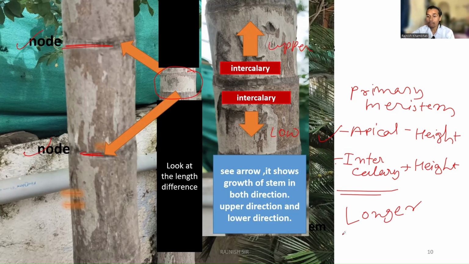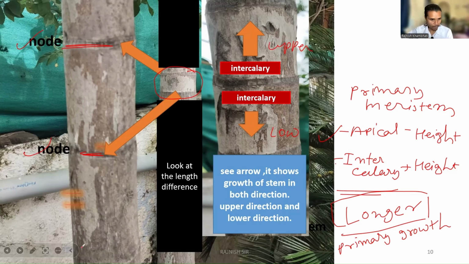And when a plant is growing in height, when the plant becomes long, it is known as primary growth. And who will give primary growth? Obviously, primary meristem will give the primary growth. Okay, clear?